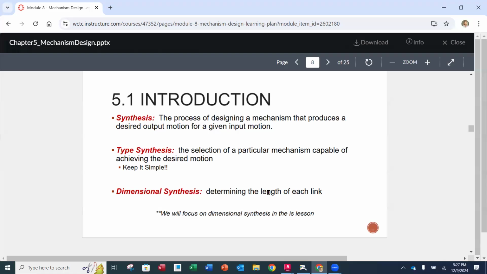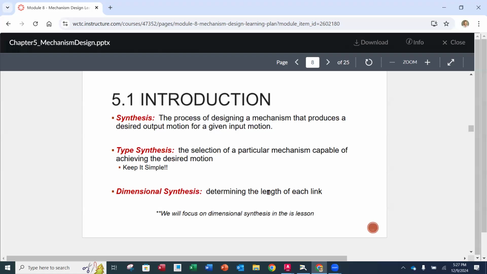Now, we end up trying to decide what is going to be the type of synthesis or the type of design that we're going to be implementing in our kinematic phase of our design. And that's where you really start looking at the particulars, like, is it going to be a slider crank mechanism?